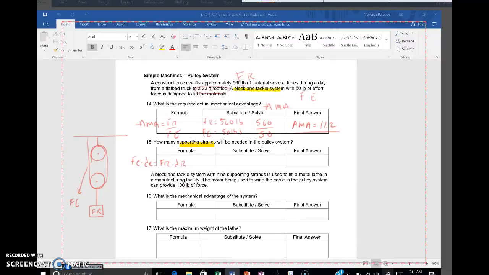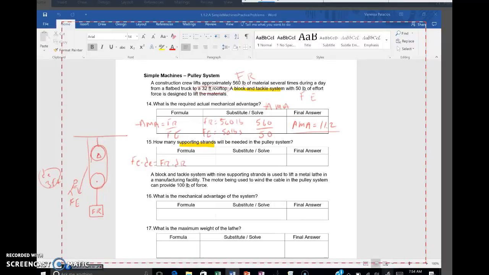So in this particular case, if this is our fulcrum here, what our DE will essentially be is the amount of rope that's going to be pulled in order to lift the force resistance. If I start here and I'm pulling on this rope, and I pull, let's say, about 3 feet of rope as I'm pulling down, that would actually be my DE.